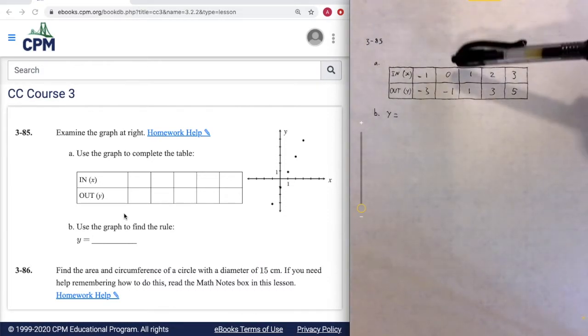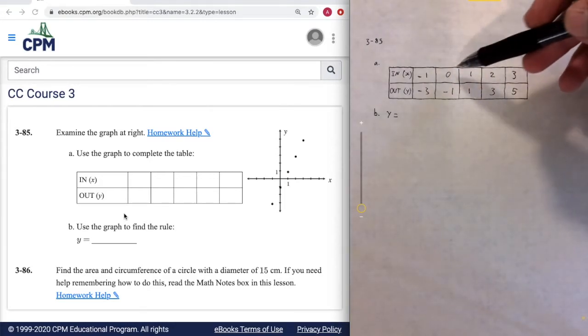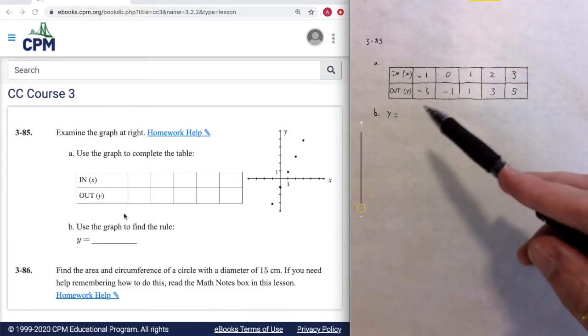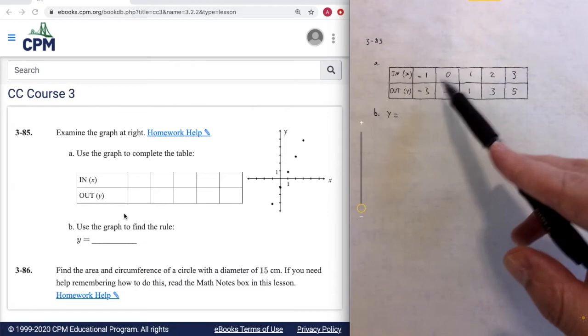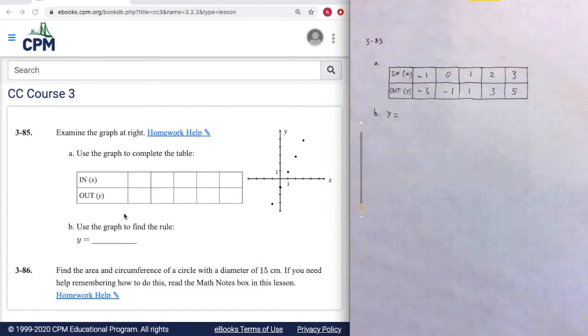So here we have the 0, and we can get the 0 to -1 by simply subtracting 1. But if you look at any of the other numbers, simply subtracting 1 doesn't look like it'll work. You can't get from 1 to 1 by subtracting 1. 1 minus 1 would be 0.